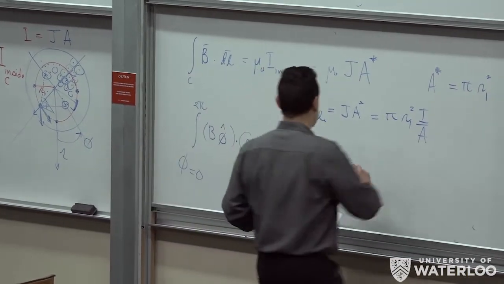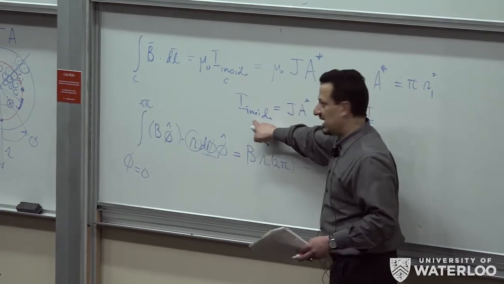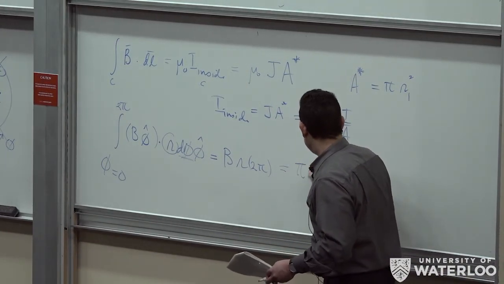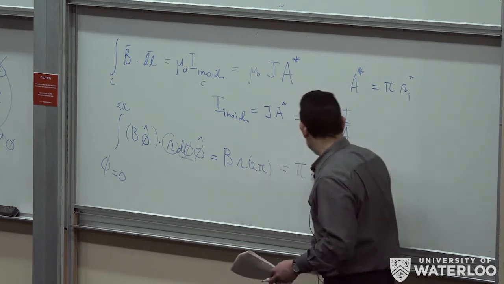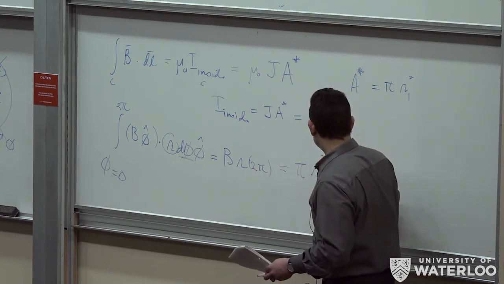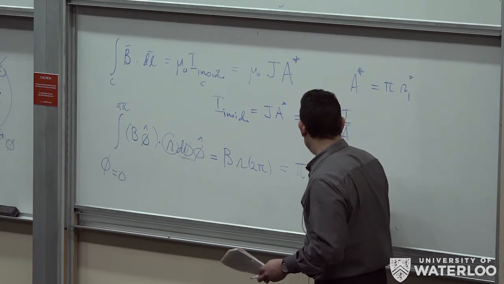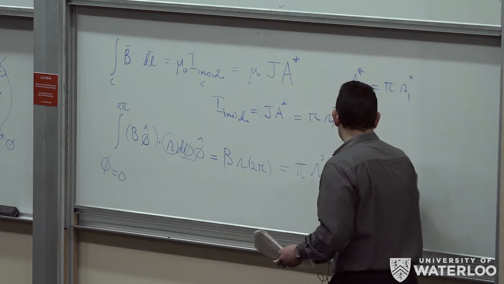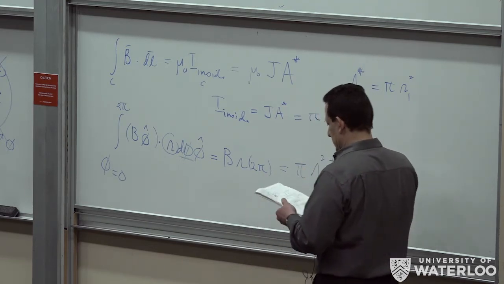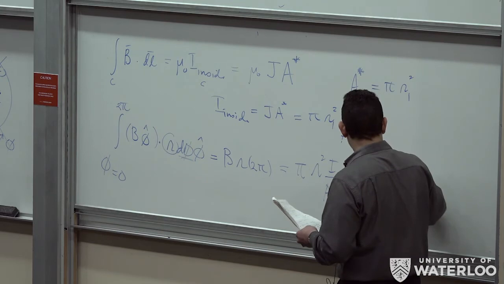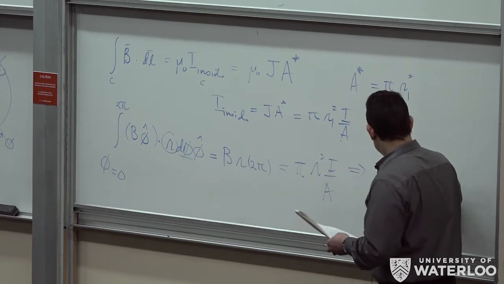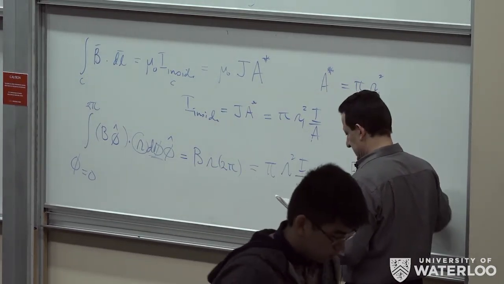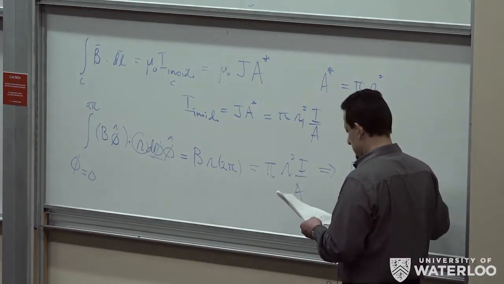That equals what? That equals the I inside, what we just found out earlier. So this is pi R squared I divided by A. R is the same as this R, so I'll drop the 1. The pi and the pi cancel, and the R cancels with one of the R's. So I have finally B equals mu naught I divided by 2 pi.